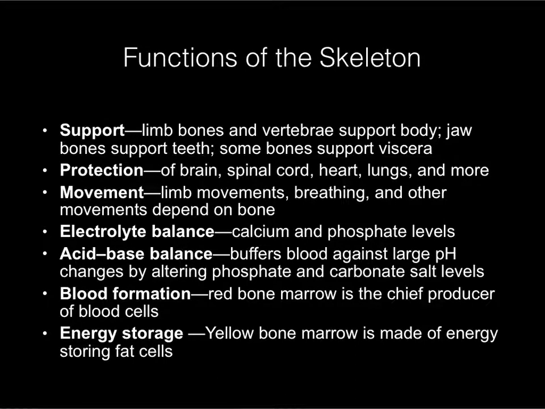So when you have too much calcium, you put it on your bone. When you have too little calcium, you take apart some bone, and that releases calcium. The same is true for phosphate, but to a lesser extent. Your body is more tolerant of phosphate levels, so it's less of a big deal if they go high or low. But phosphate is also stored in your bones.